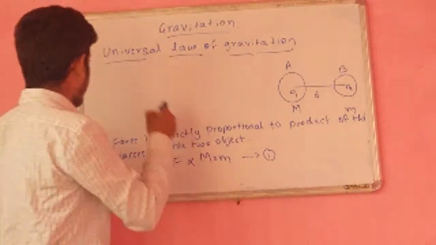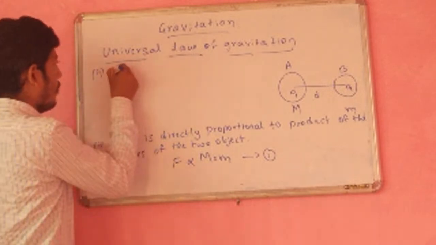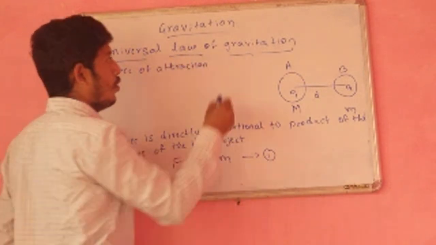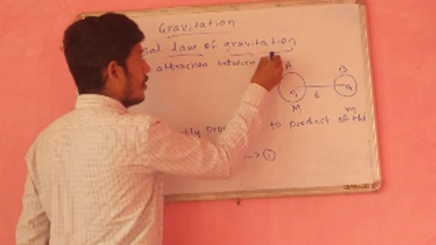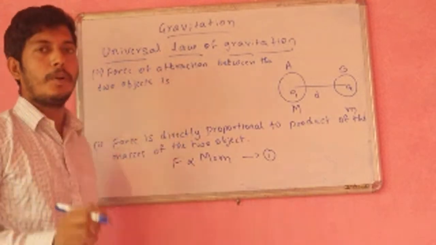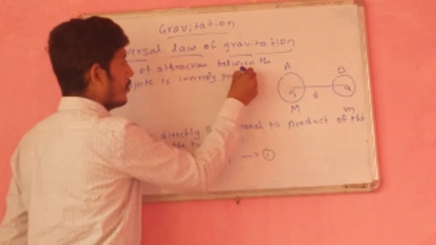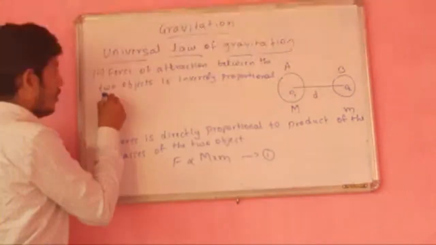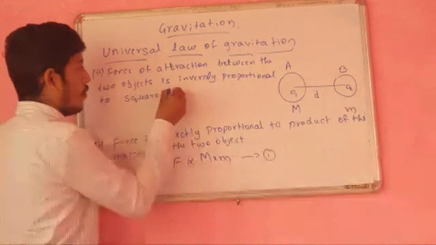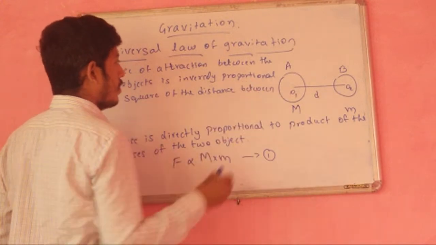Then the second part of the statement: the force of attraction between the two objects is inversely proportional to the square of the distance between them.